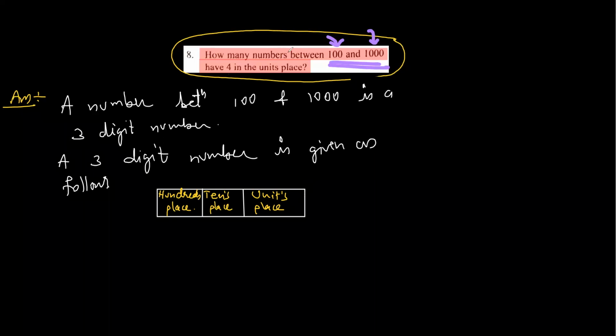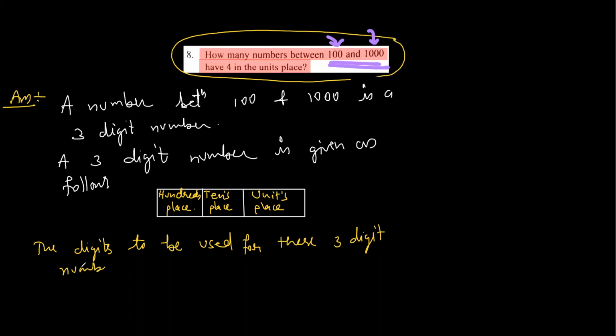One more thing you can write: the digits to be used for making these 3-digit numbers are 0, 1, 2, 3, 4, 5, 6, 7, 8, 9.